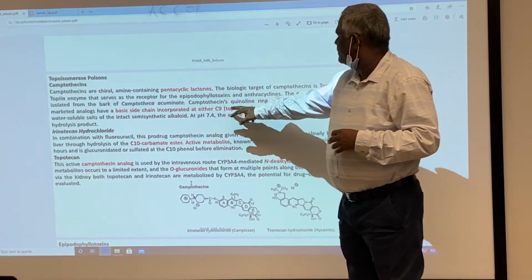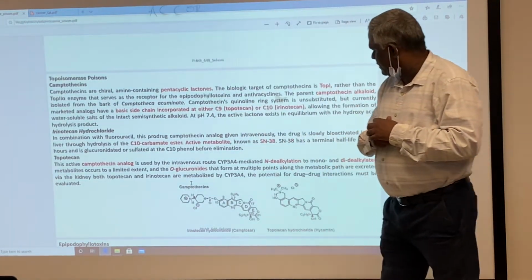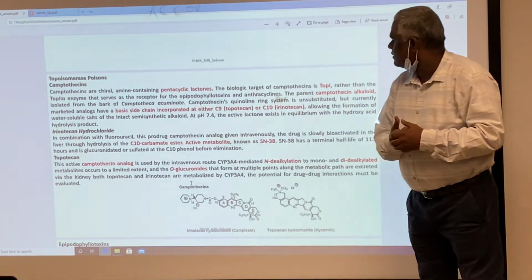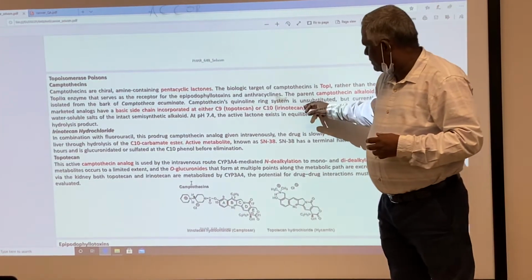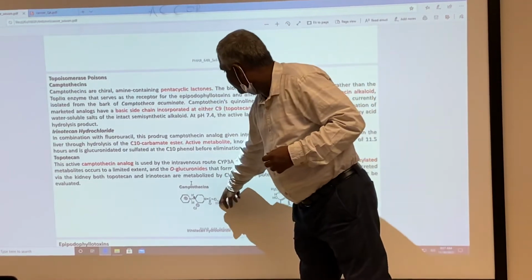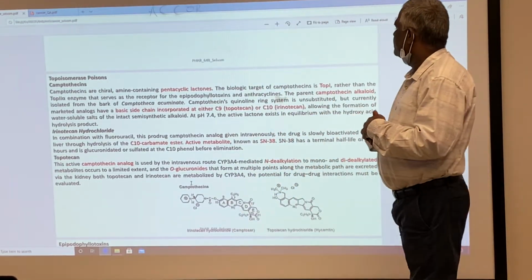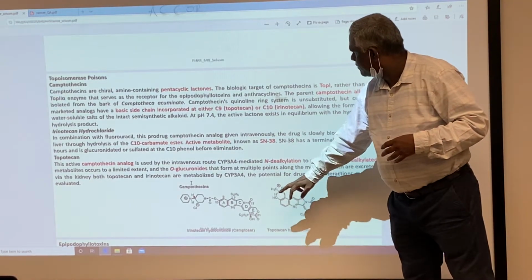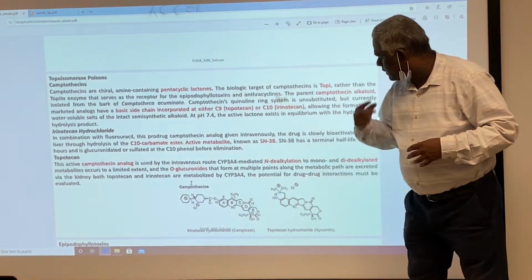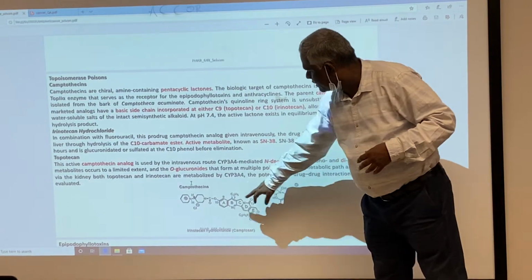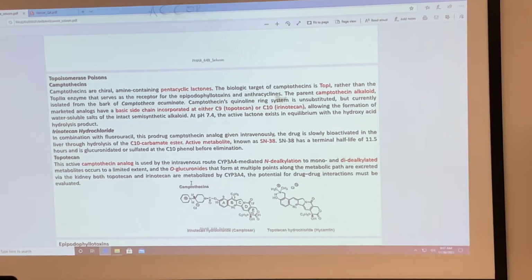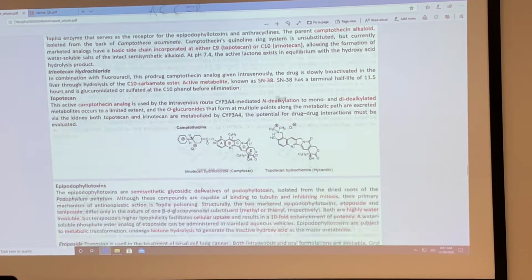Topotecan has an amino substitution at carbon number 9, and irinotecan has the substitution at carbon number 10. That's the difference.